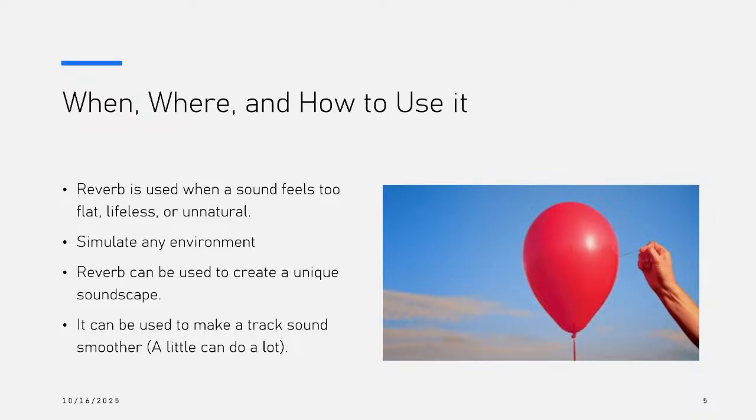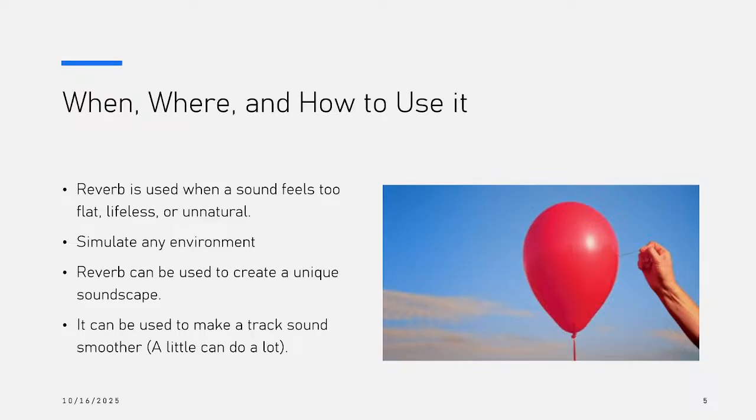In contrast, you avoid or minimize reverb when you need precision, like in podcasts, dialogue-heavy films, or even conference calls. Where to use it? It can simulate any environment, from a small bedroom to a massive cathedral. So the where refers to both the type of space being recreated and the placement within a mix.